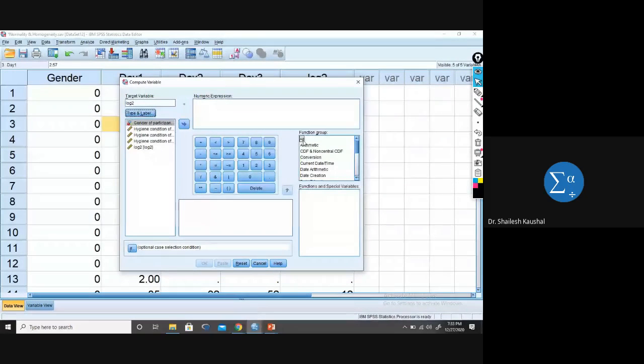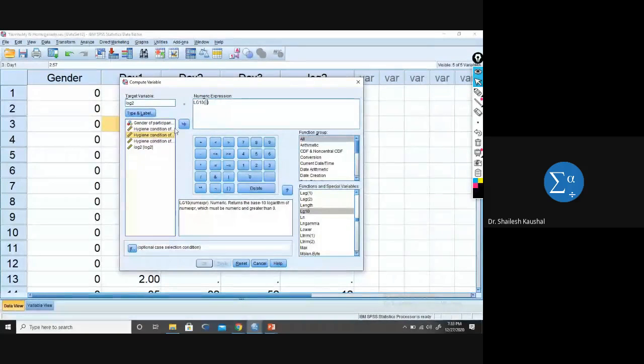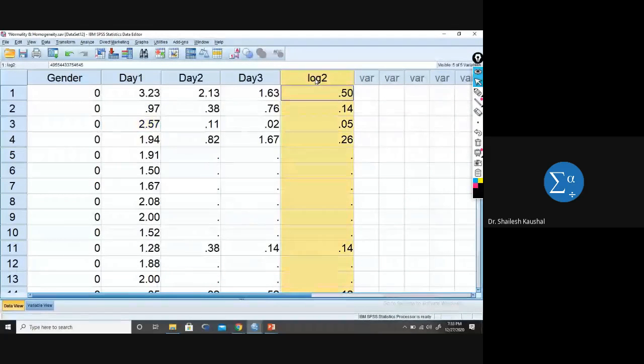So I will take here first all and then log 2. I am searching log 10. Yes, this is log 10. Okay, and then I am converting this day 2 data, selecting and transferring it here and just writing +1. Okay, you simply write +1 and then okay. So you will get the log 2.